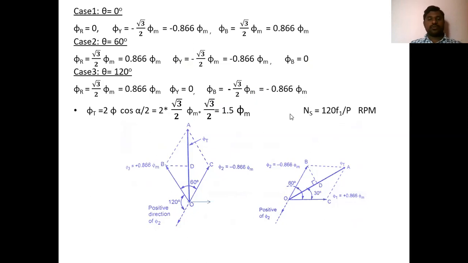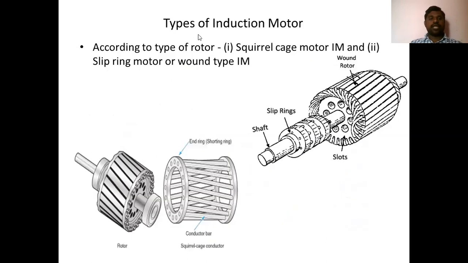Now next we are going to discuss the different types of induction motors. So according to the type of rotor, we have the squirrel cage rotor and the slip ring induction motor or wound type induction motor. These are the different types of induction motors. So this looks like a cage, that's what we call a squirrel cage rotor. And at the end of this we have end rings.